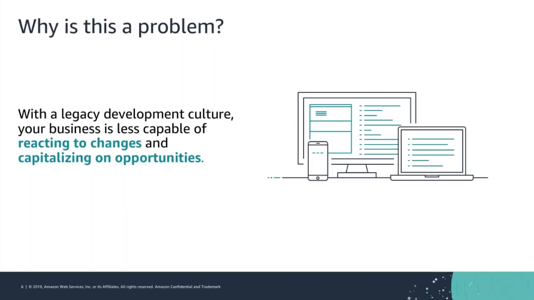With that legacy development mindset we were talking about, your developers and operational teams end up wasting unnecessary cycles on things like long release cycles, patch management, manual deployments, or chasing down operational issues and bugs, instead of focusing on how to deliver an exceptional application for their customers. That's what they want to deliver at the end of the day, but they're wasting their time on all of those unnecessary things.